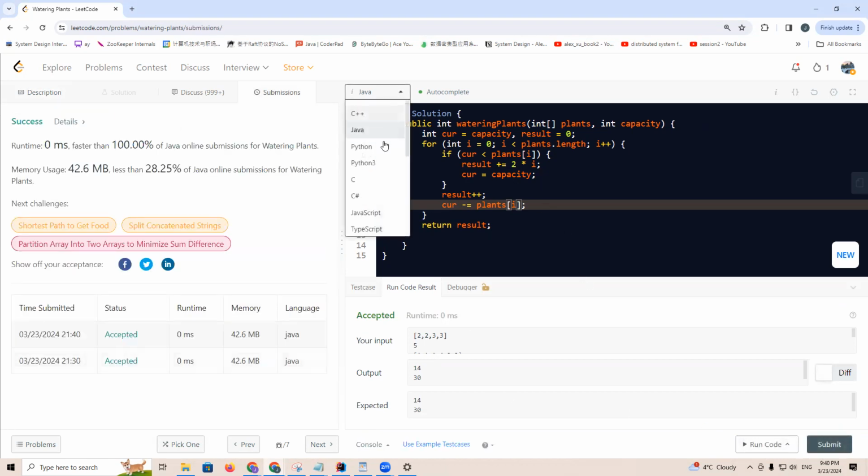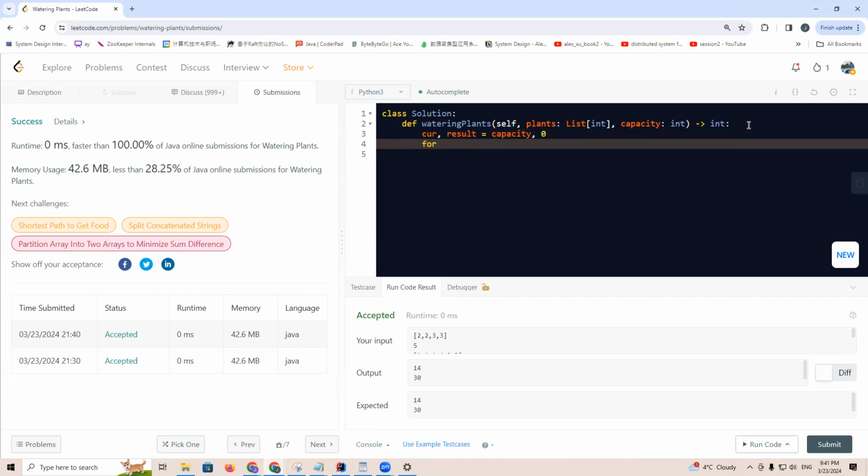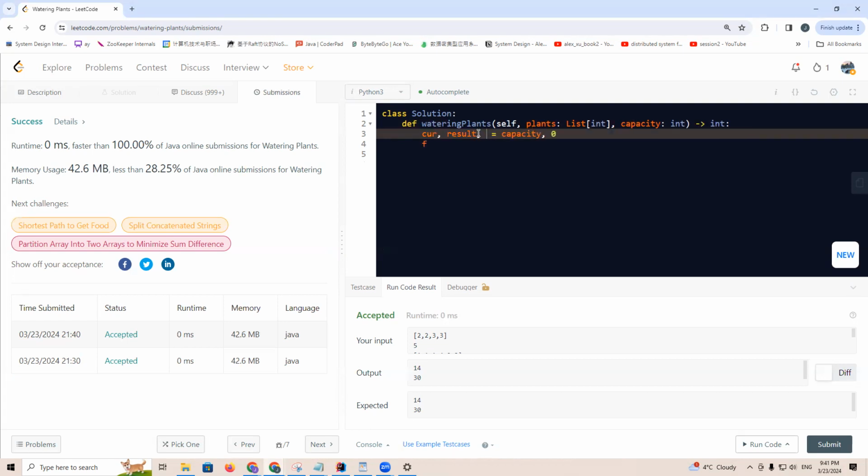And convert this to Python. We'll have current equals capacity, result equals 0. Let's get its length, n equals length of plants, right?